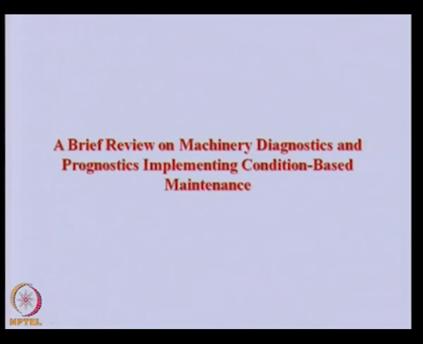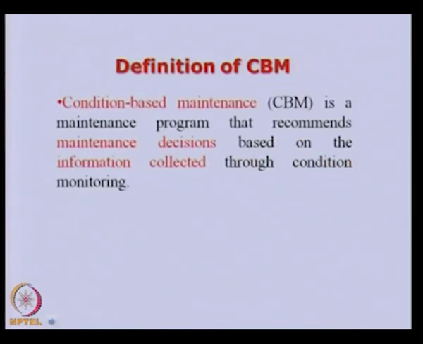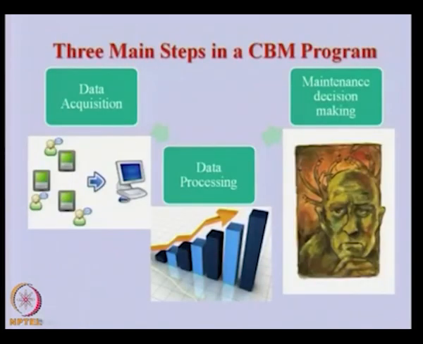If we can detect that, that will be a real challenge. So, the abstract definition of condition based maintenance is a maintenance program that recommends maintenance decisions based on the information collected through condition monitoring. So, based on information only we plan the maintenance, not as a scheduled maintenance. In this, there are three basic components in the condition based maintenance program.